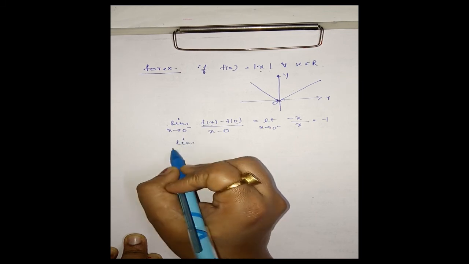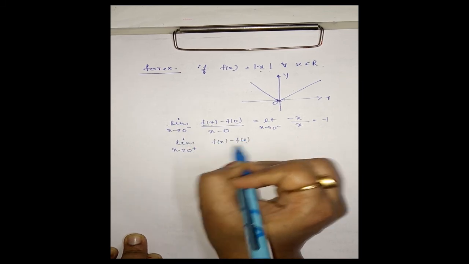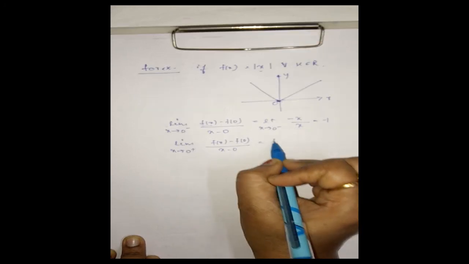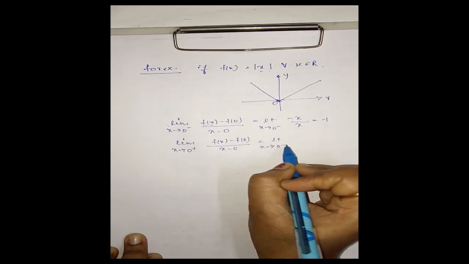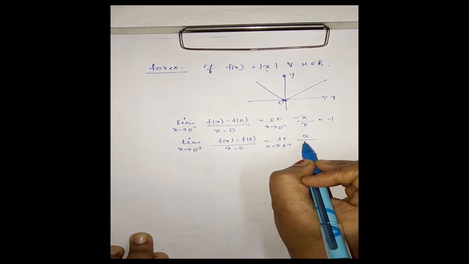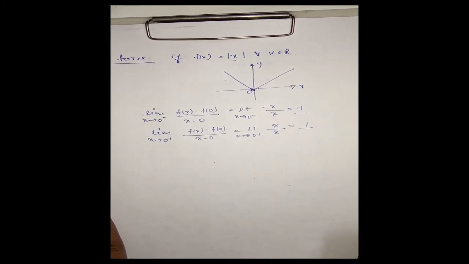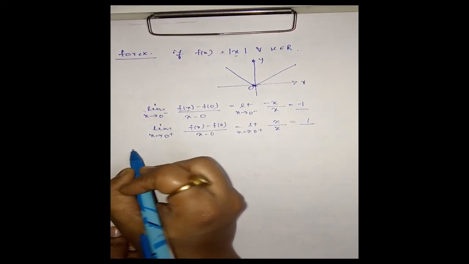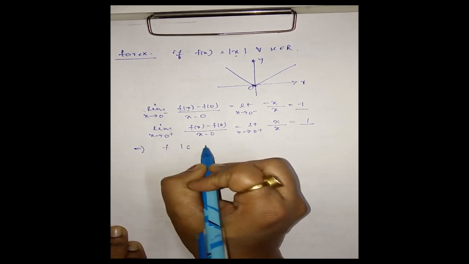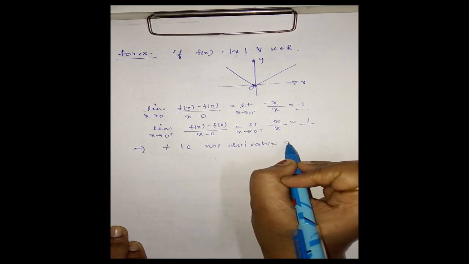And limit x tending to 0 plus, taking values more than 0, when x is greater than or equal to 0, mod x is defined as x, and this divided by x is 1. Both limits exist but are unequal. That means f is not derivable at x is equal to 0.